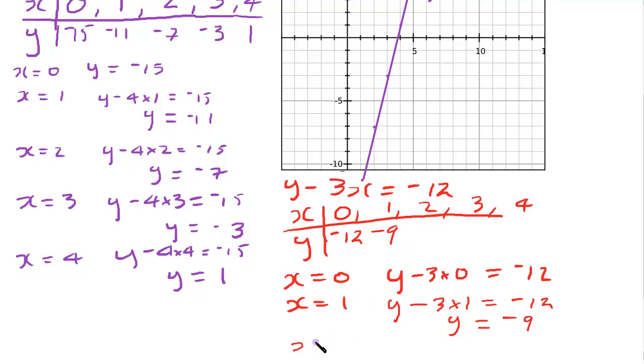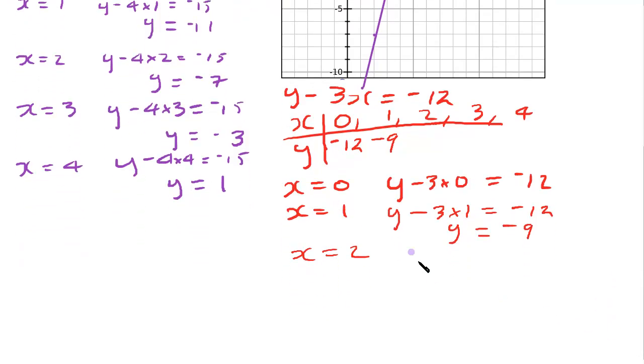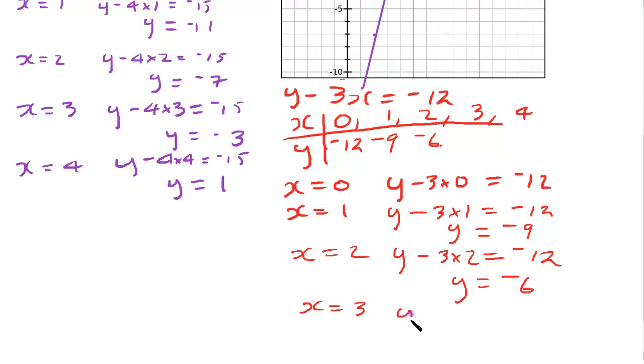Now let's move on. X equals 2. We get y minus 3 times 2, remember putting the 2 where the x is, equals minus 12. So therefore y will equal, that's minus 6, add it to the other side, minus 12 plus 6 will give me minus 6. Let's do x equals 3. Y minus 3 times 3 equals minus 12.